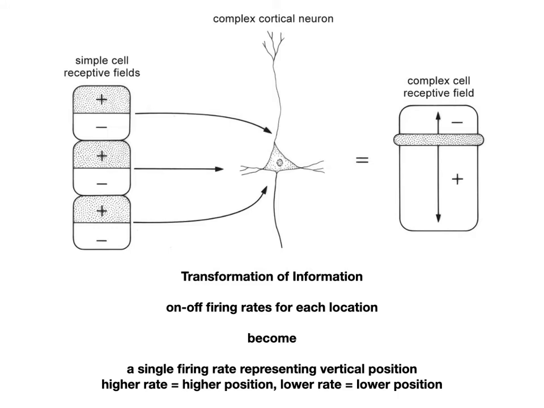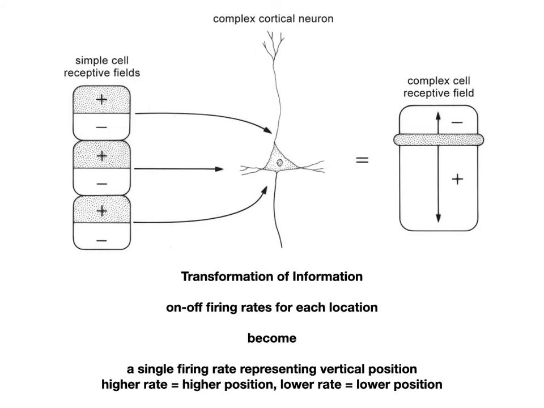Now we've translated all these different firing rates of where light exists in physical space and combined them into a single representation of how high up or down the light is. I can tell you with a single firing rate. That is a simple form of complexity.